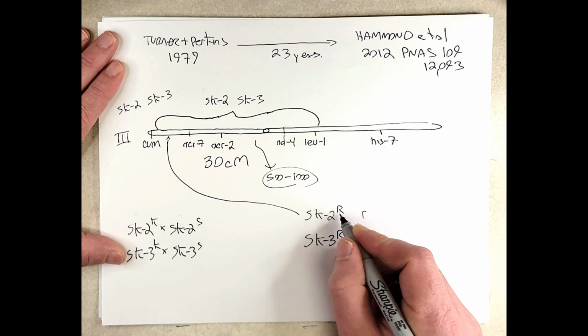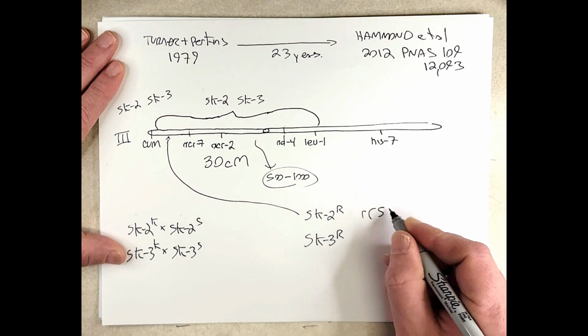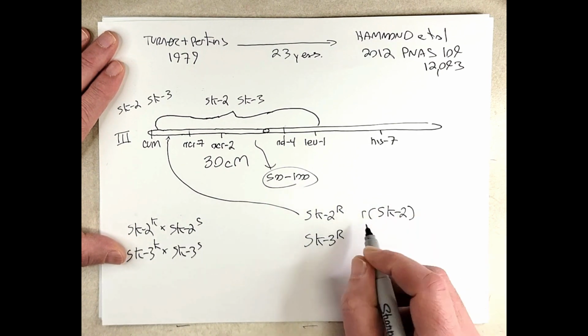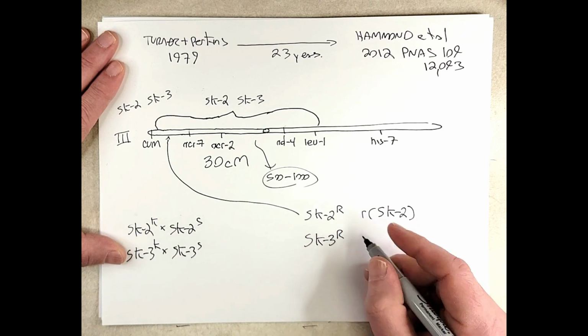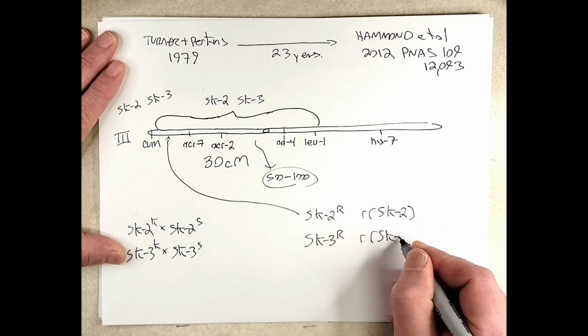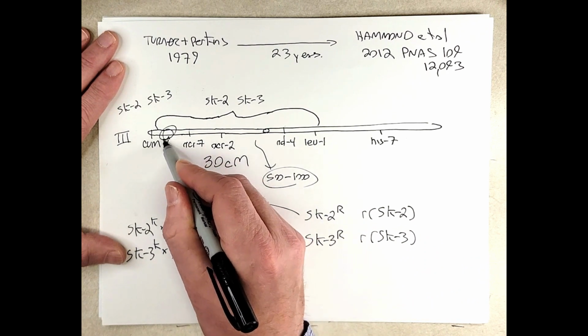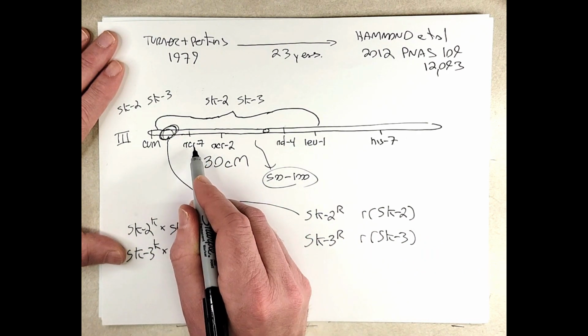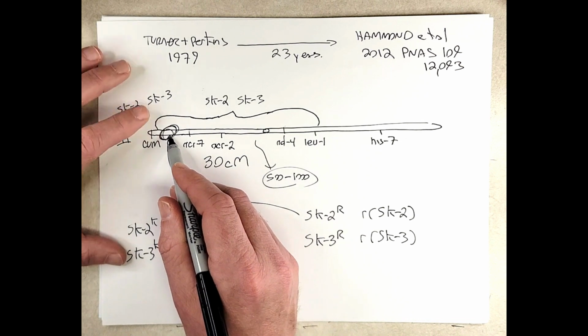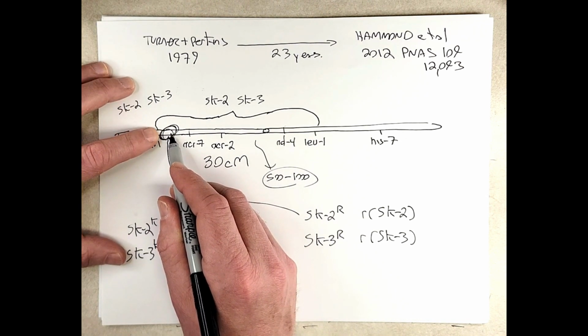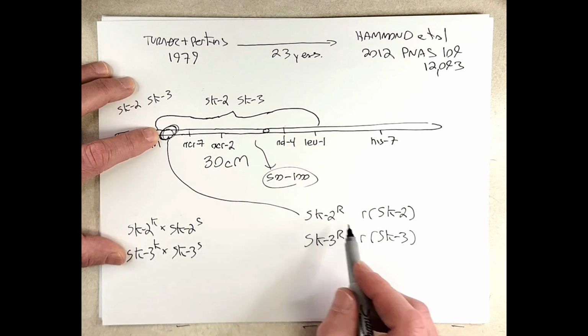They move this R down here and put it in parentheses. They name those locations RSK2 and RSK3. What they find is that somewhere between cumulus and ACR7 is the genetic information, or the genes, RSK2 and RSK3.